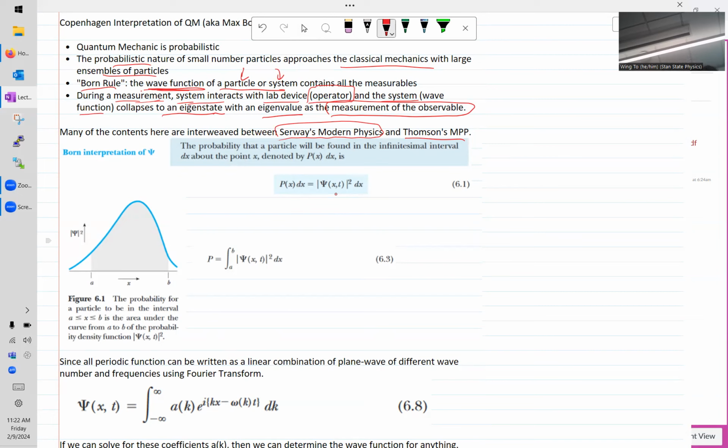Okay. So in the Born interpretation, or the Copenhagen interpretation, we have these things called wave functions, and the symbol for these is psi. This is a Greek letter, capital psi here, and in the spatial representation it could be a function of space and time.